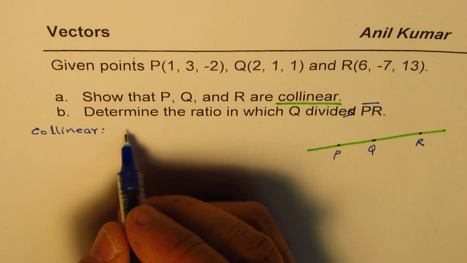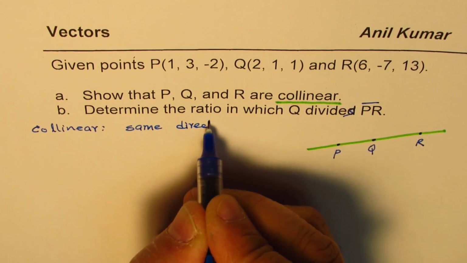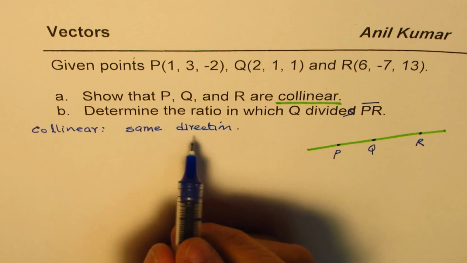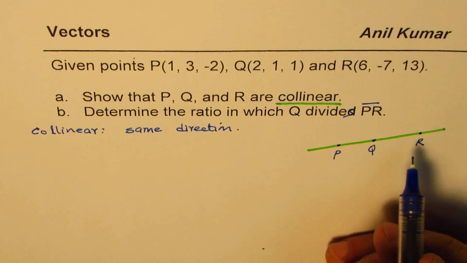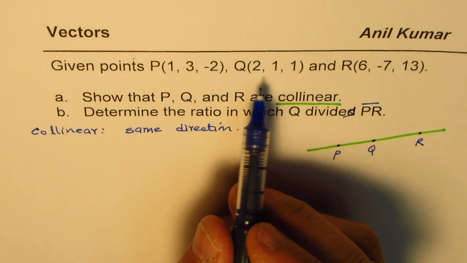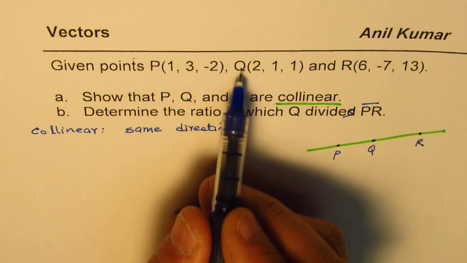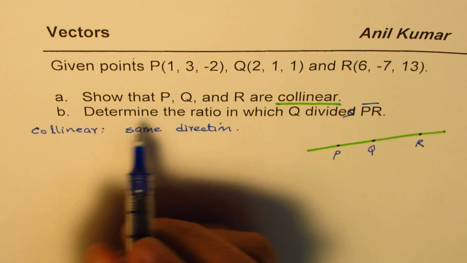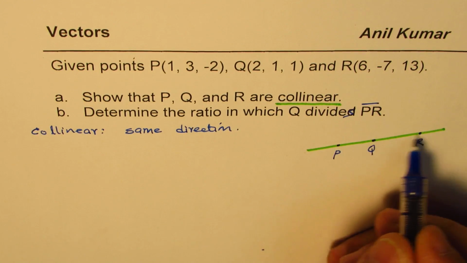So we say they have the same direction, so that could be one thing which will prove that they are collinear. Vectors are not fixed in their space, so we can always move them also. But anyway, let us see how to solve this kind of question. The points are P, Q, and R. So let us first find the direction of each, so we'll do PQ and QR.